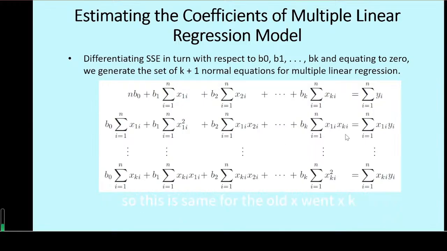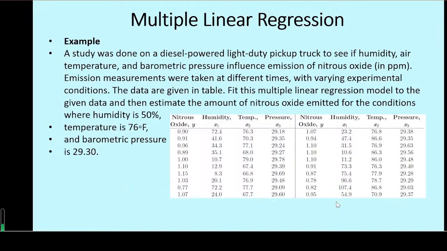This is the same for all x1 to xk. This is called the normal equations, because from these equations we can use optimization techniques to get estimates of the parameters b0 to bk.